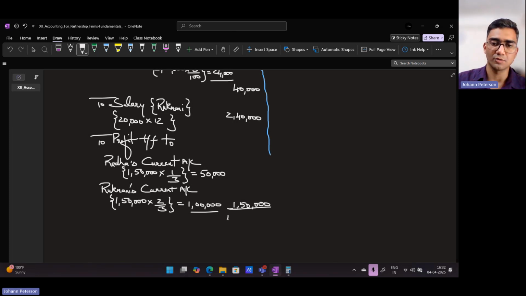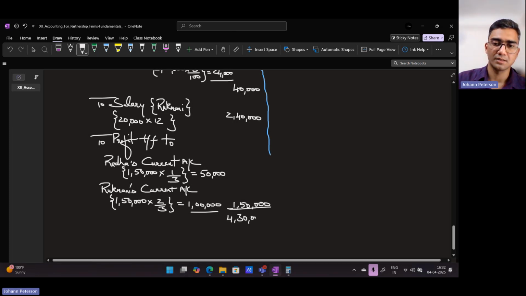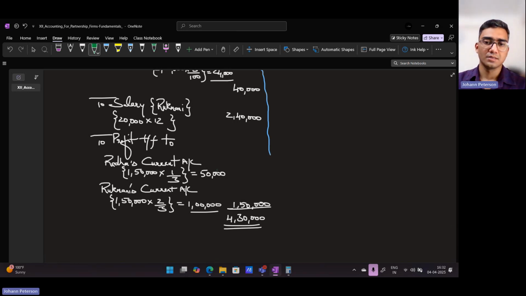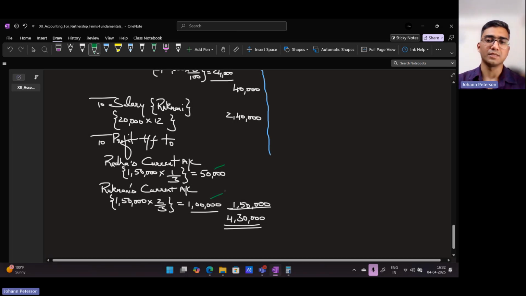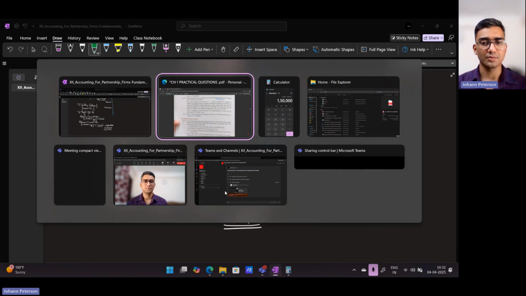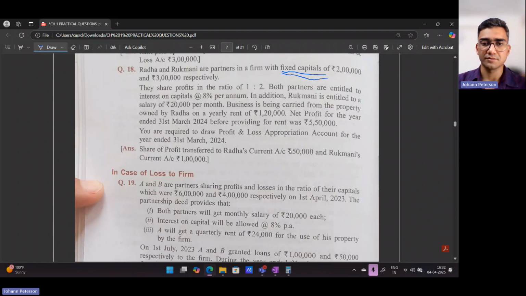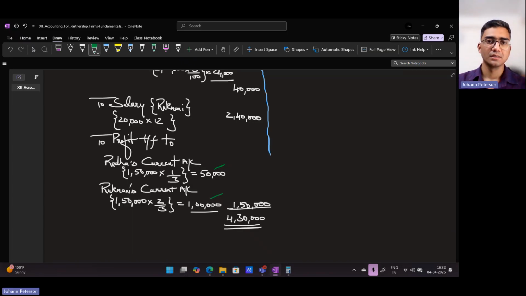And our total was 4,30,000. So this is our answer, which has to be in the book also. Yes, transferred to Radha's current account 50 and Rukmani's current account 1 lakh. So these two are done. We also have to write this total on the other side. So 4,30,000.